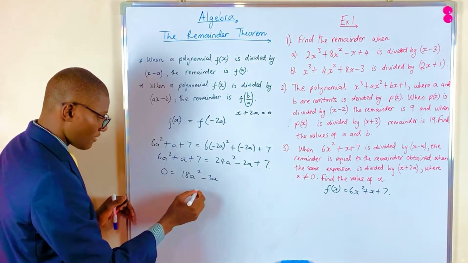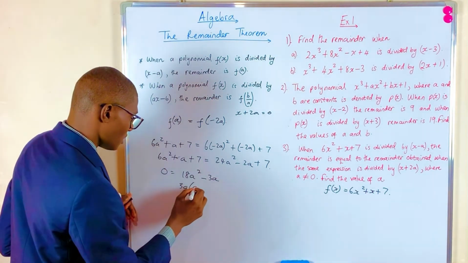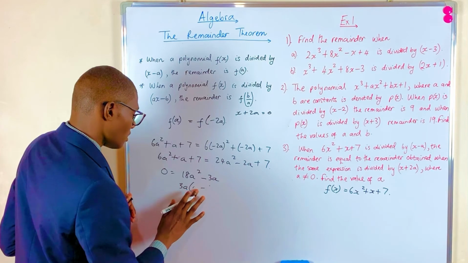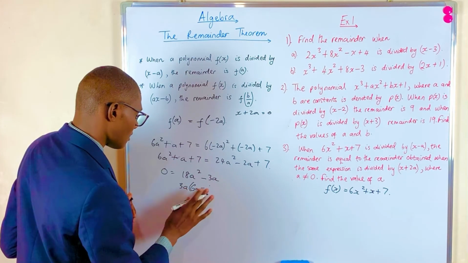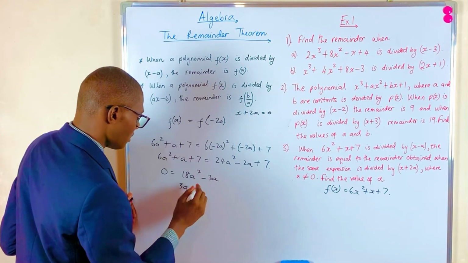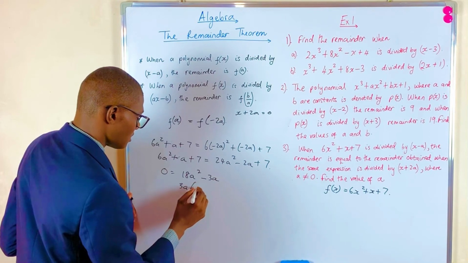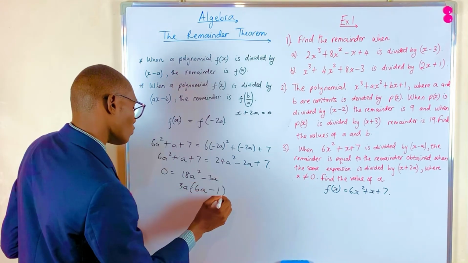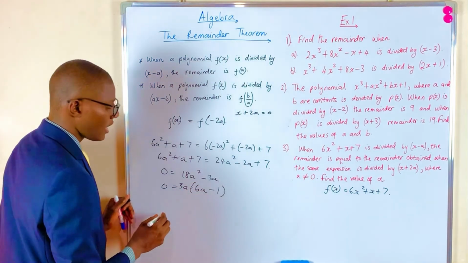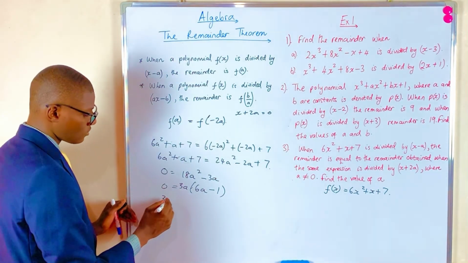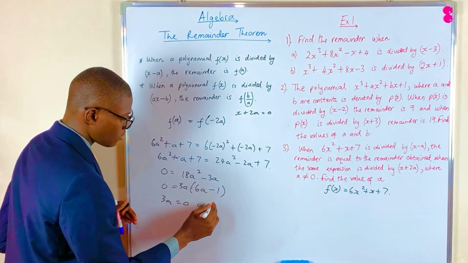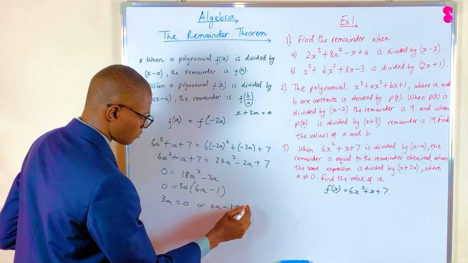Says that now we can factor out 3a to get, let me write this properly, 3a times 6a minus 1 being equal to 0. And you can say either 3a is equal to 0 or 6a minus 1 is equal to 0.